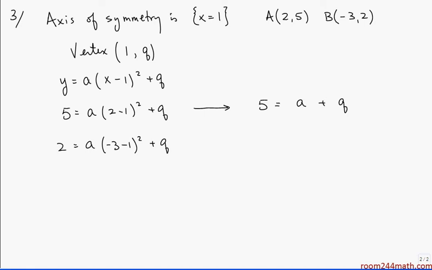Let's back up again and plug in the y coordinate 2. Alright, that looks better. 2 equals a times (negative 3 minus 1) squared plus q. Let's simplify that. The negative 3 minus 1 is negative 4. Square that and you get 16, so 16a plus q.